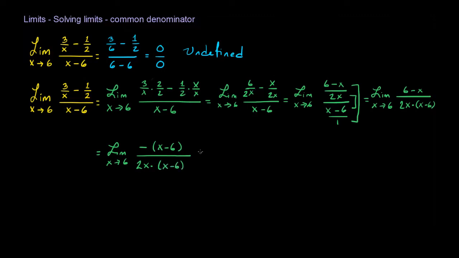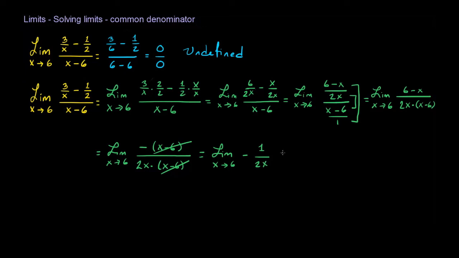Now I can just cancel out this x minus 6 here and here, and I will get to this expression: the limit when x approaches 6 of negative 1 over 2 times x.